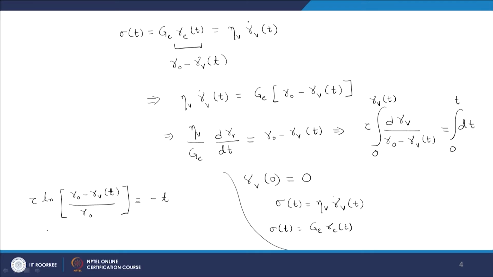So, this gives me gamma naught minus gamma_V(t) is gamma naught exponential of minus t by tau, and therefore gamma_V(t) is going to be gamma naught (1 minus exponential of minus t by tau).